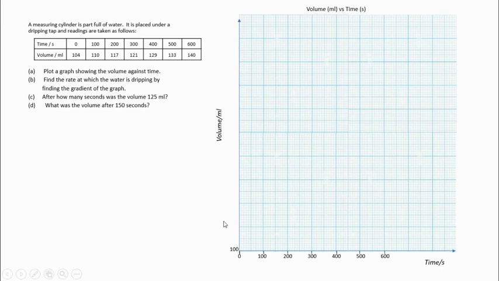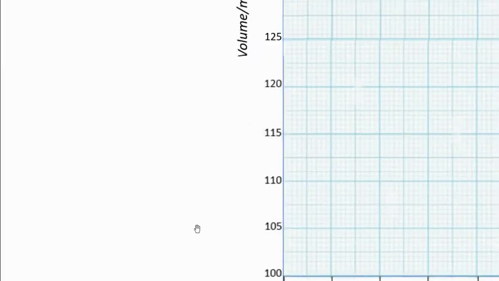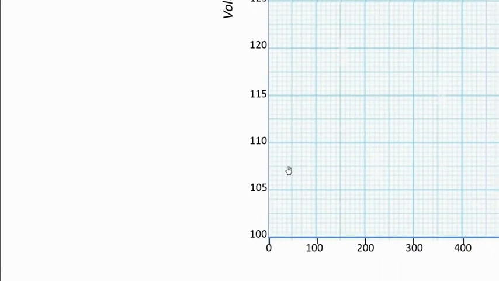Depending on the size of your page, you could probably work with something larger. But I'm working with 2 centimeters for 5 milliliters. Now let me just zero in on that a bit. 2 centimeters to 5 milliliters.